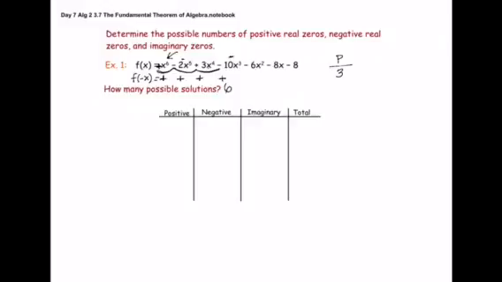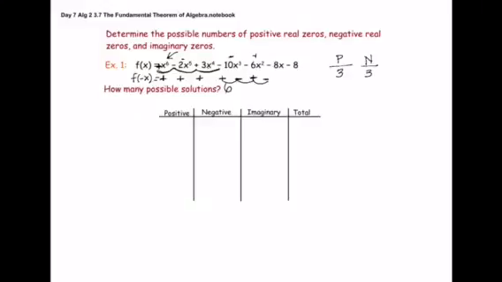A negative to the 2nd power is a positive, but a positive times a negative is a negative. Negative times a negative is a positive, and our constant remains a negative 8. So if we look at the number of sign changes here, we have 1, 2, 3 sign changes for our negative values.